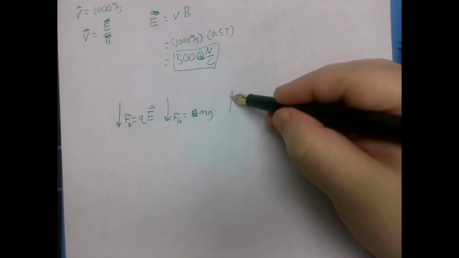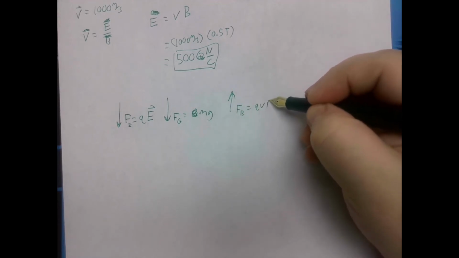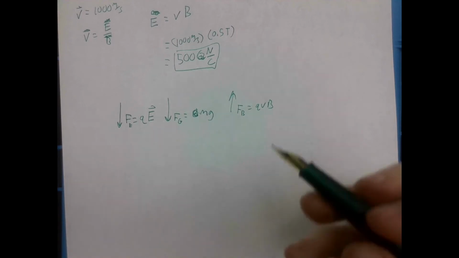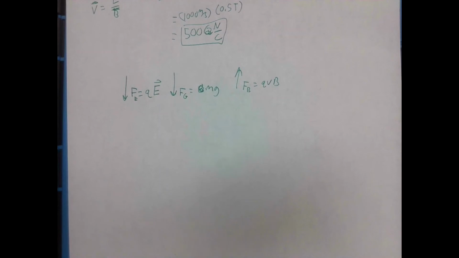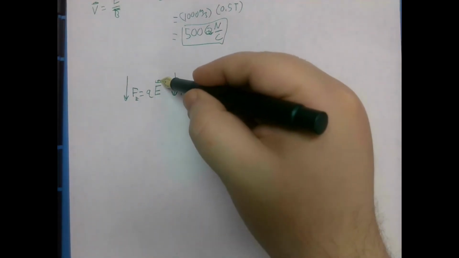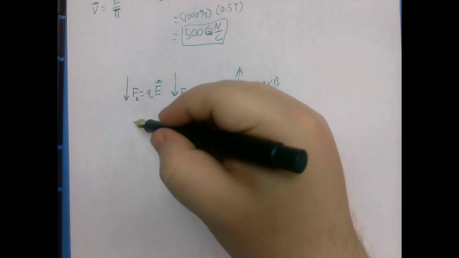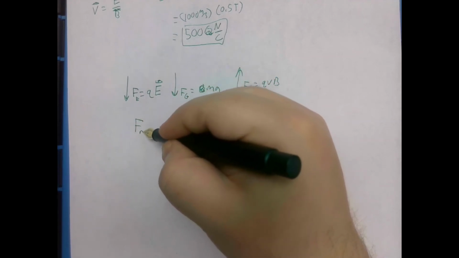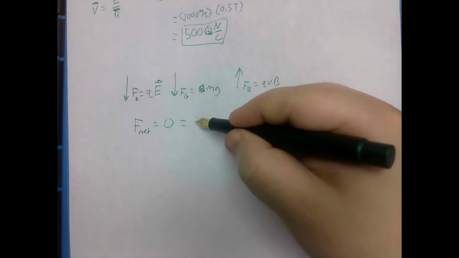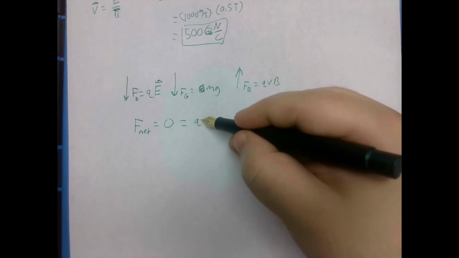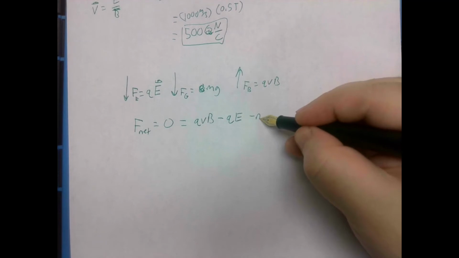And I'd have an upward force equal to QVB. And I want the total force to equal 0. So I'm going to go ahead and plug negatives into this. My total net force, I want it equal to 0, and it'll be equal to, starting with this one, QVB minus QE minus mg.